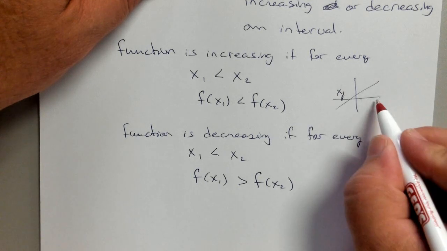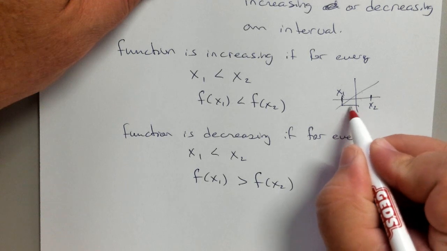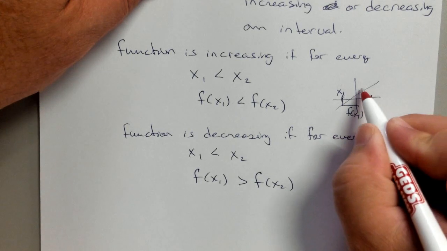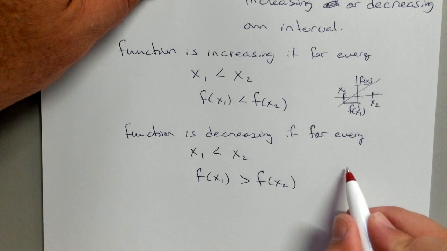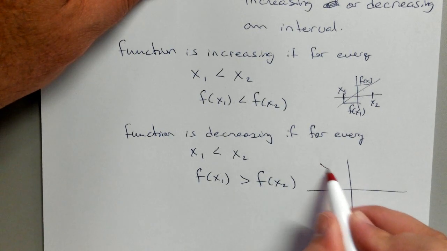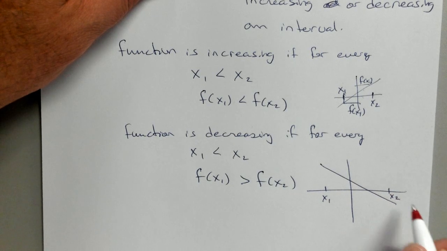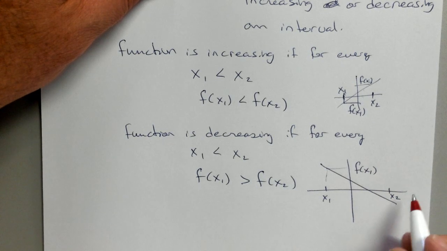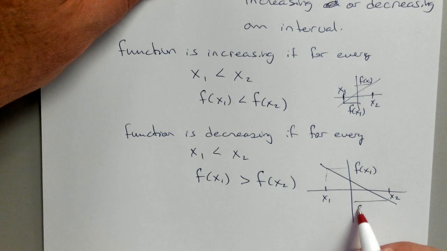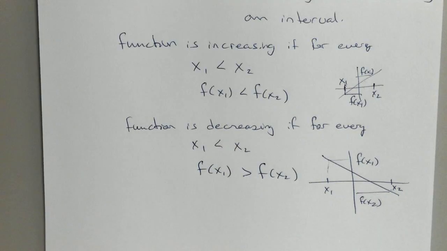So if here we have x1 and here we have x2, f of x1 is less than f of x2. Likewise, if it's decreasing, here's x1, here's x2. F of x1 is greater than f of x2. That, by definition, is what we're looking at here.